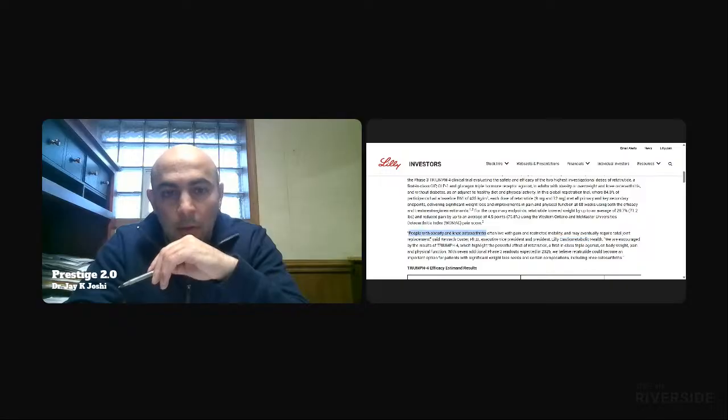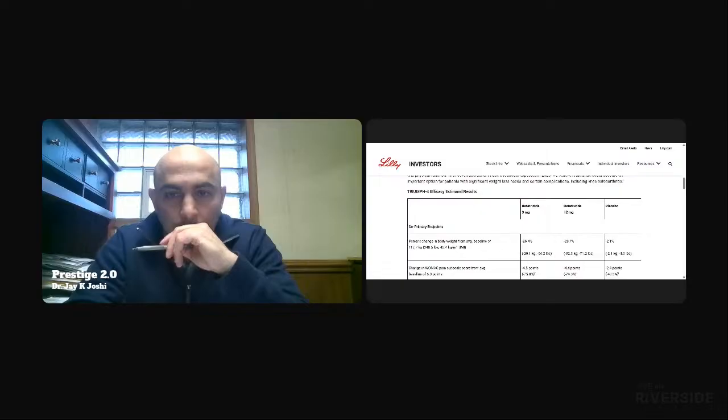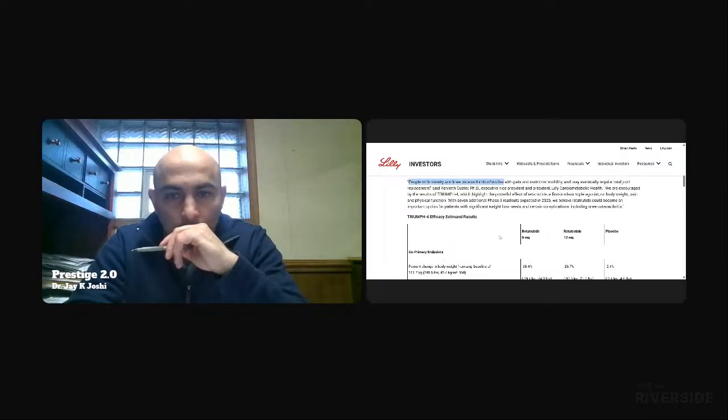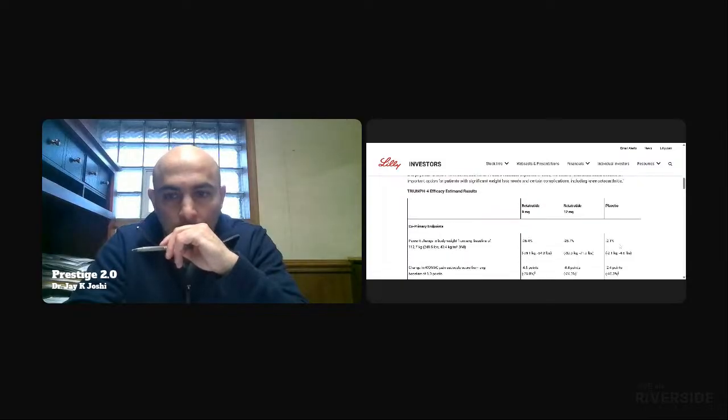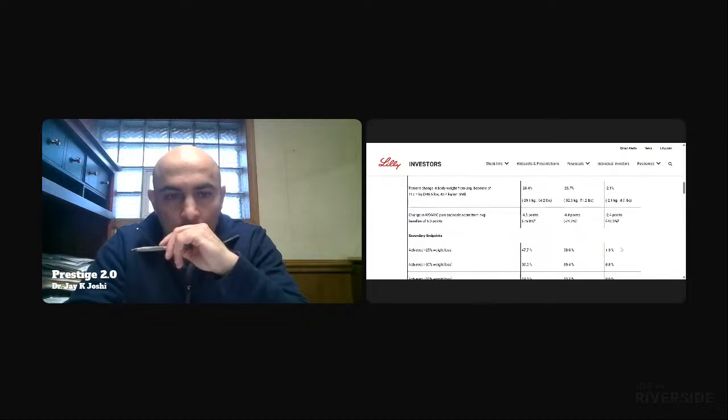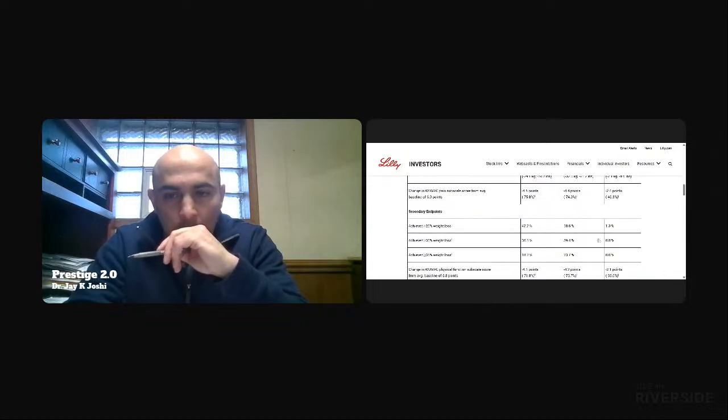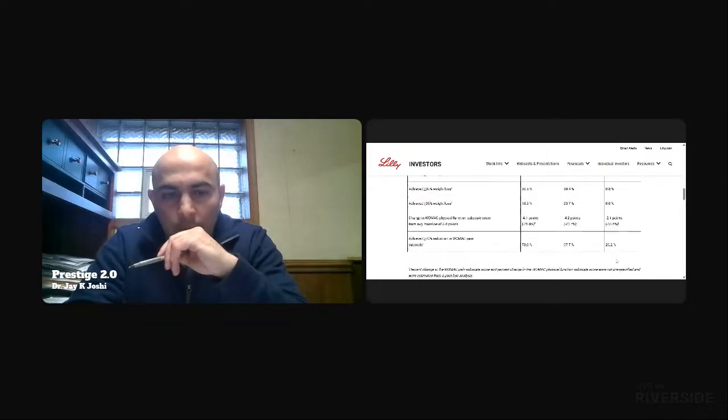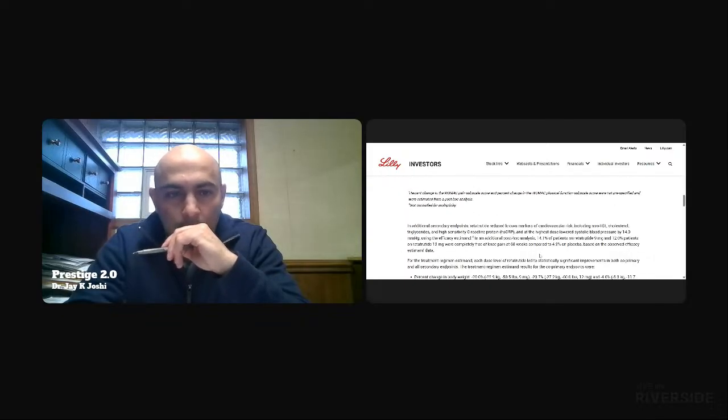But in here they're talking about obesity and knee osteoarthritis. So what they're showing here is that there was significant weight loss over the placebo, which is in accordance with the study design. So now they're talking about the cardiovascular risk here, an additional secondary endpoint.